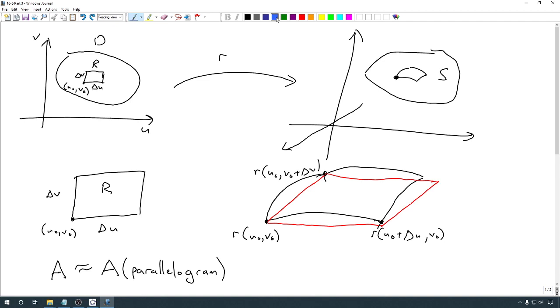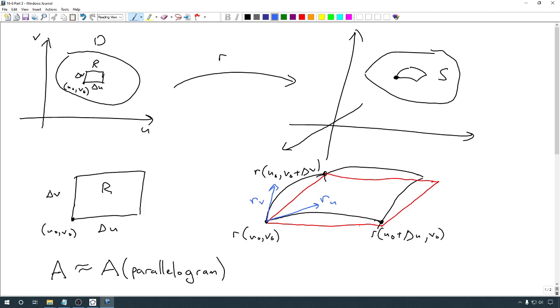I told you to put that in blue. So this one here would be the tangent vector ru, and that one there would be the tangent vector rv. They're actually tangent to these grid curves.